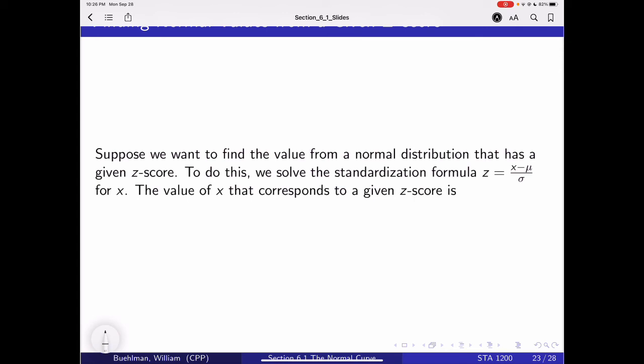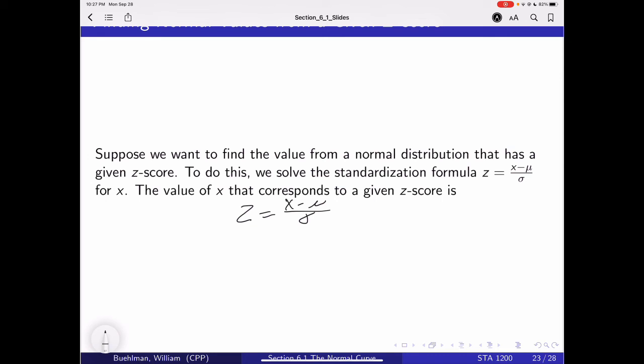Suppose we want to find the value from a normal distribution that has a given z-score. To do this, we solve the standardization formula, z equals x minus mu over sigma, for x. So let's start with z equals x minus mu over sigma, and we're solving for x.